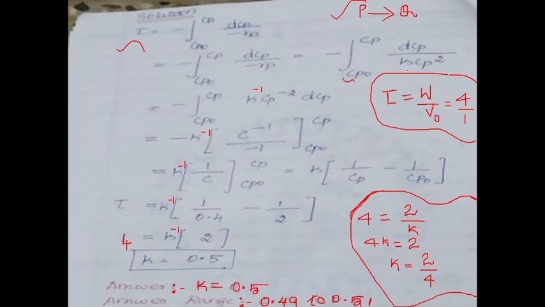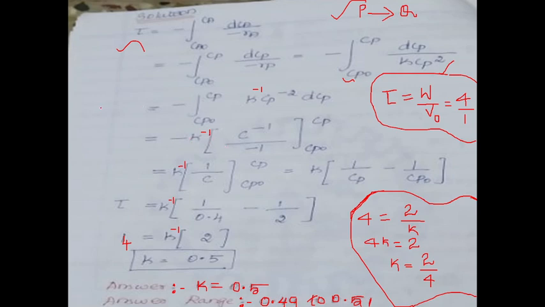Minus Rp is already given, second order reaction, K into Cp square. So minus integration of Cp0 to Cp, K Cp square goes to the numerator: K power minus 1 Cp power minus 2 dCp. The K power minus 1 is a constant, take it outside. So minus K power minus 1.